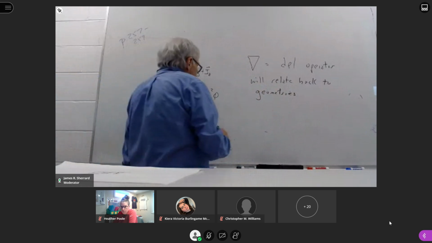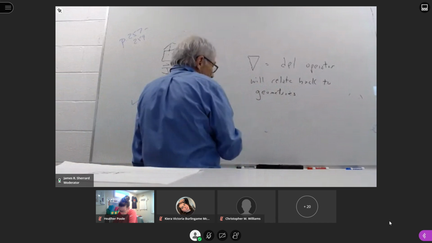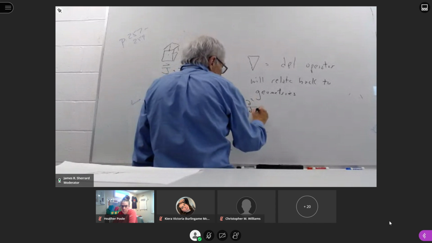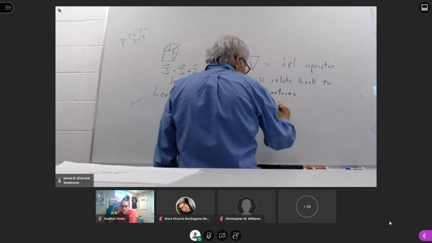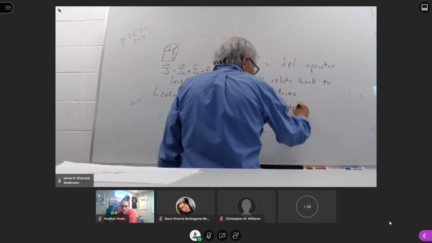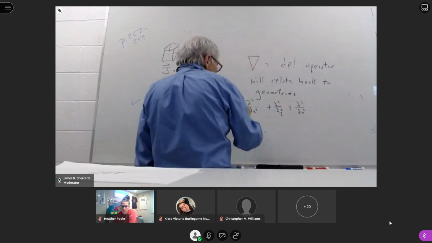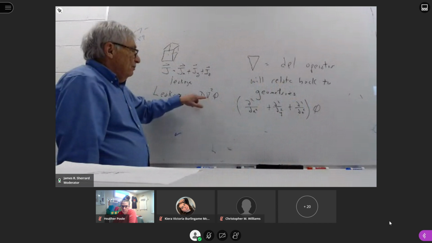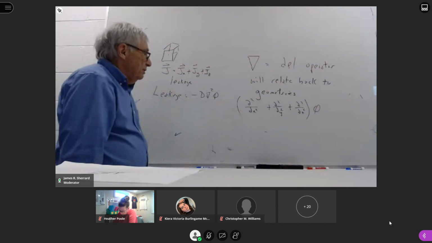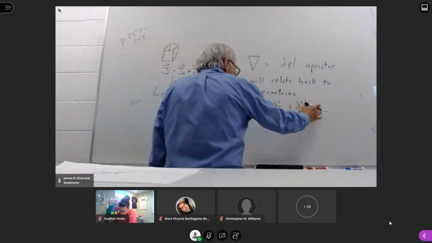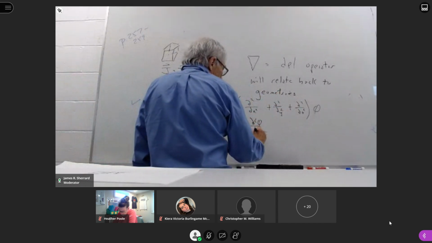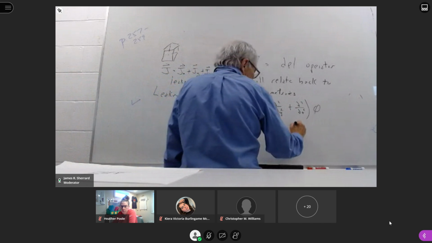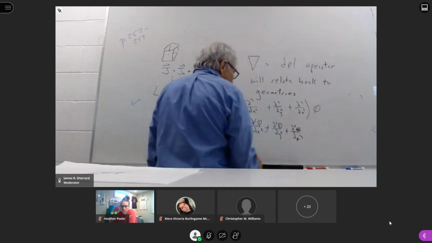So for example, if it's 3-dimensional rectangular, if this was acting on a rectangular coordinate, you'd be applying this del operator on this, so it ends up looking like this.